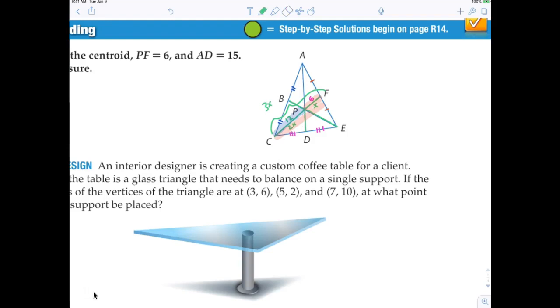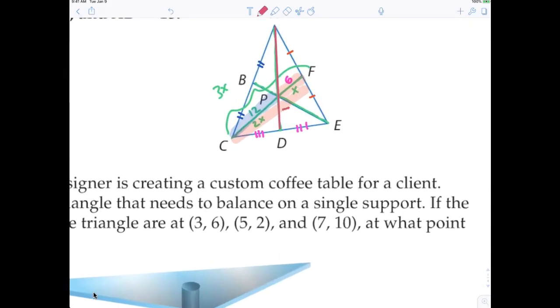So if AD is 15, now normally what I do is I try to tell my kids the quickest way, in my opinion, is if you're given the median, just divide it by 3. Right? Always divide it by 3. If I divide it by 3, then that's 5. Do you agree? So this is 5. So then this right here would have to be what? That would have to be 10.